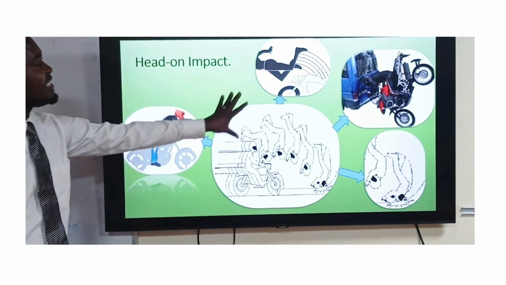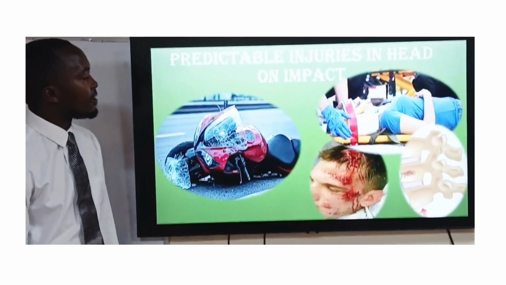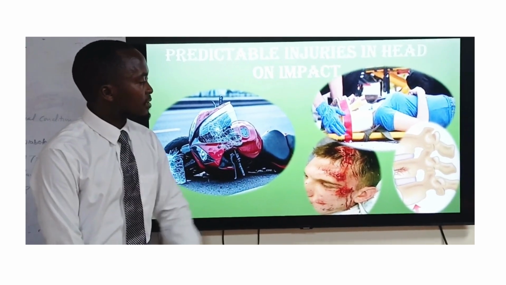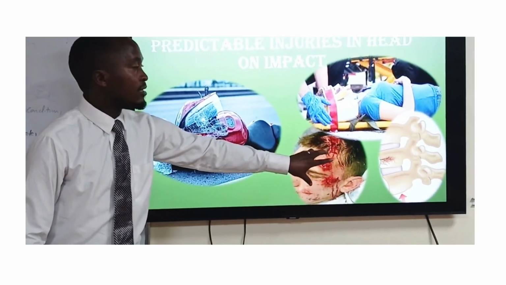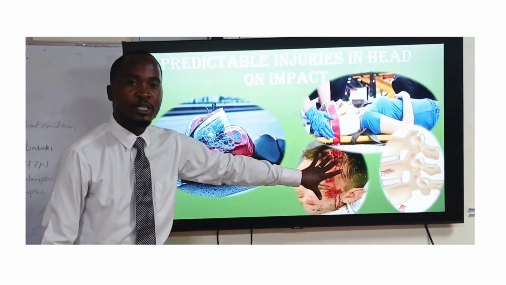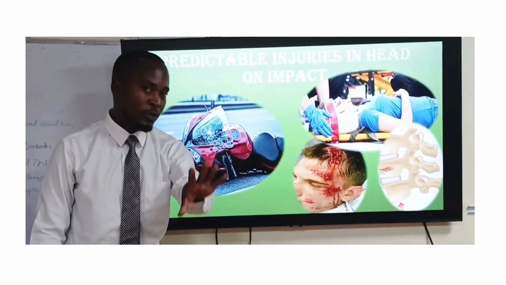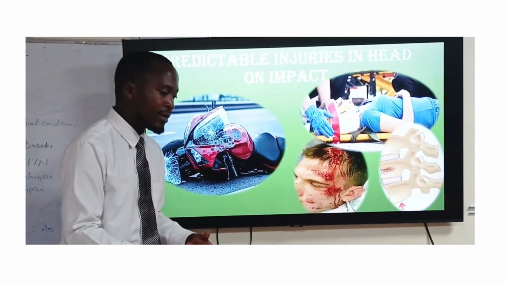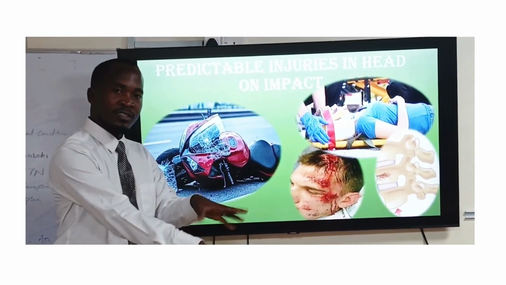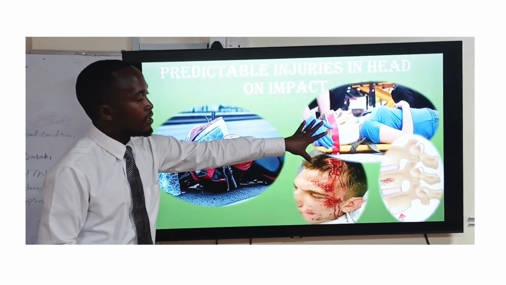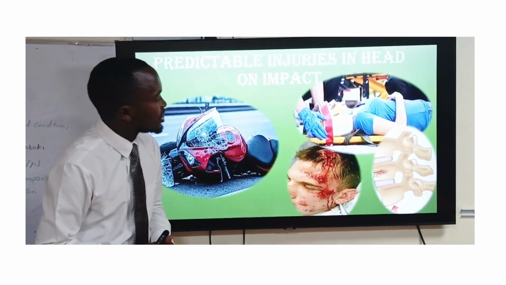The associated injuries here are head injuries. You expect that, especially if they don't have a helmet. If they have a helmet, yes, it can protect the skull, but it cannot protect the brain. Remember, the deceleration force still comes in as they're landing. The helmet protects, but there will still be deceleration of the brain. Expect such injuries to happen.